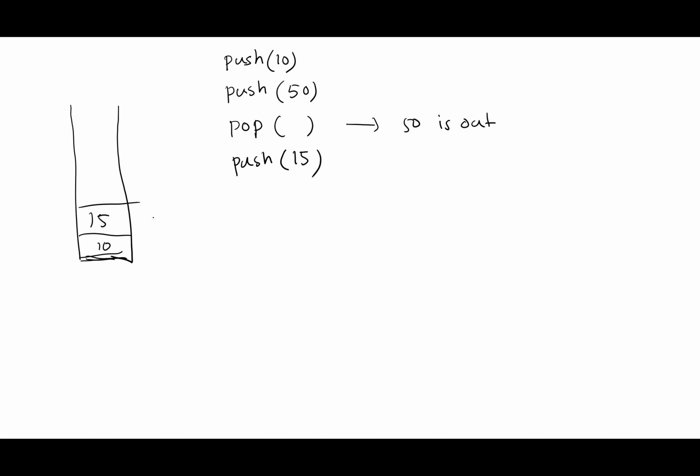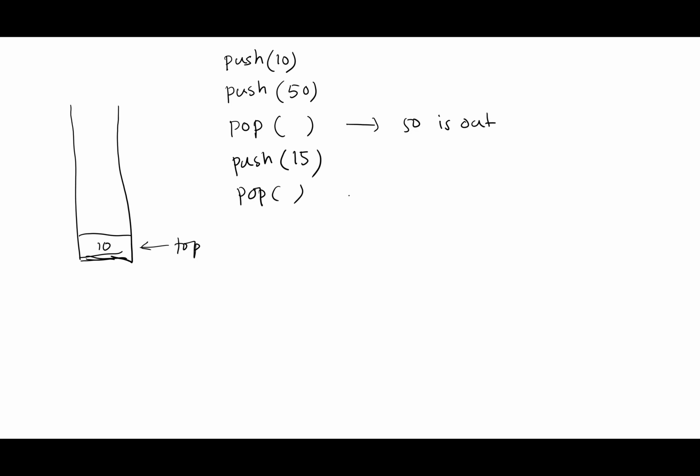So 15 goes here. So this is also the top, right? If I do another pop, 15 is going to be popped out, and now this is going to be the top of the stack. Okay, so these are the operations push and pop.